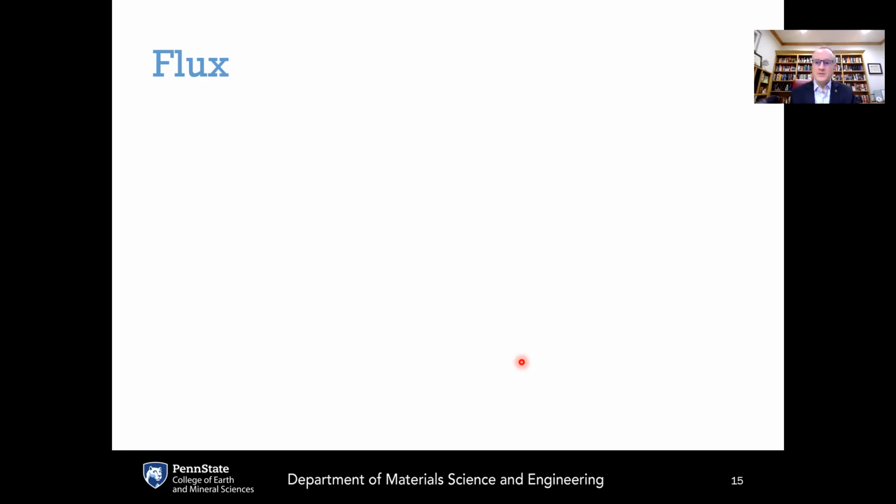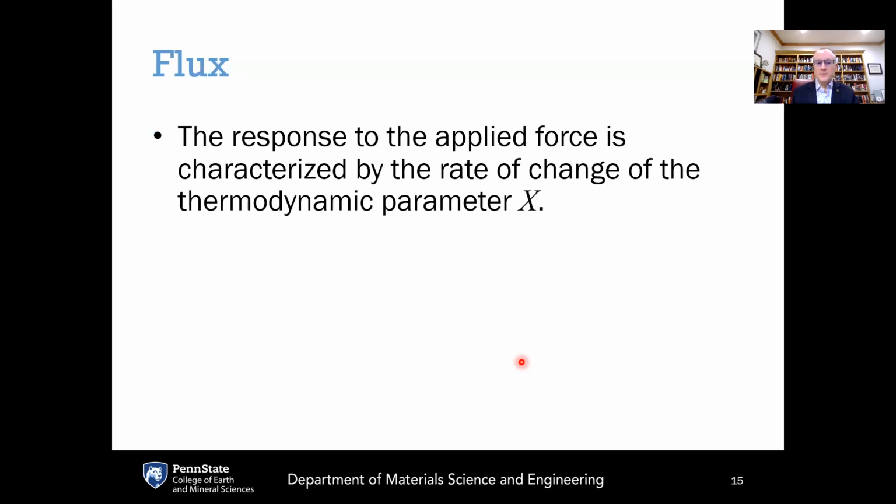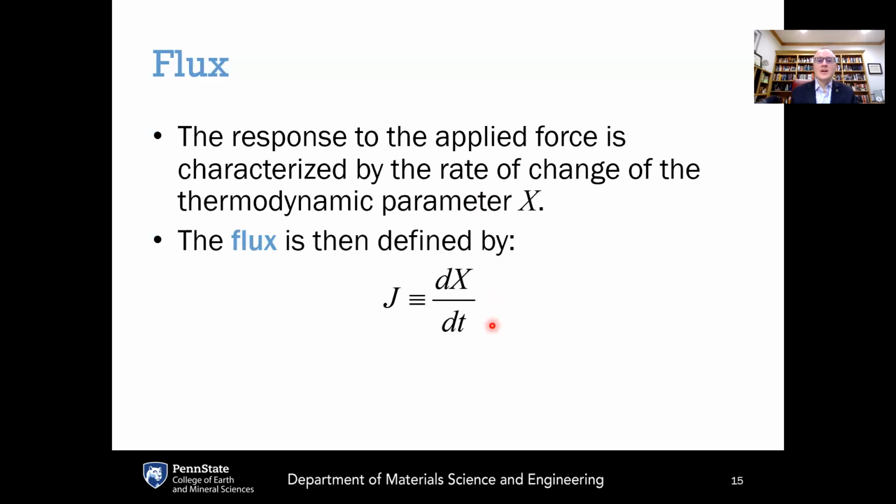So if the affinity is the driving force, the cause for an irreversible process, the effect from that cause is the flux. The flux is the response to an applied force, characterized by the rate of change of the thermodynamic parameter x. In other words, the flux, usually denoted with a capital J, is defined as the change of any thermodynamic parameter x with respect to time.